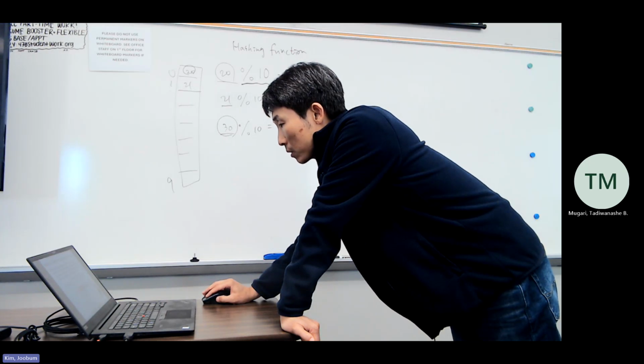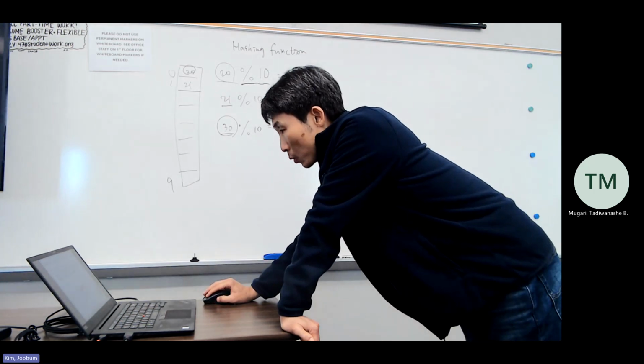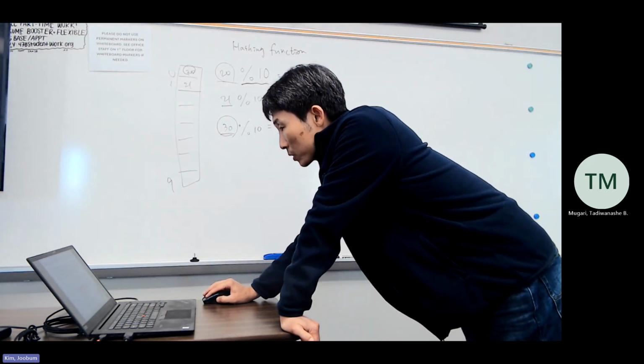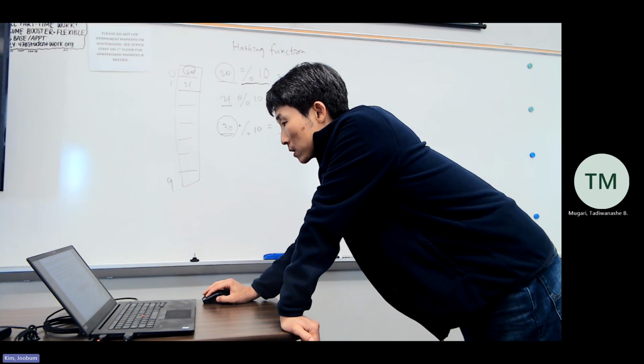If there is another one, like this. This is separate chaining. But the problem is that in order to store multiple keys in this hash table, we need another data structure, in this case, a linked list. Okay, linked list.